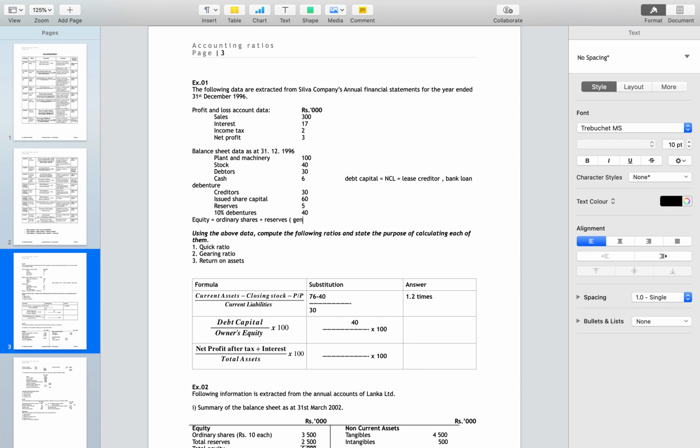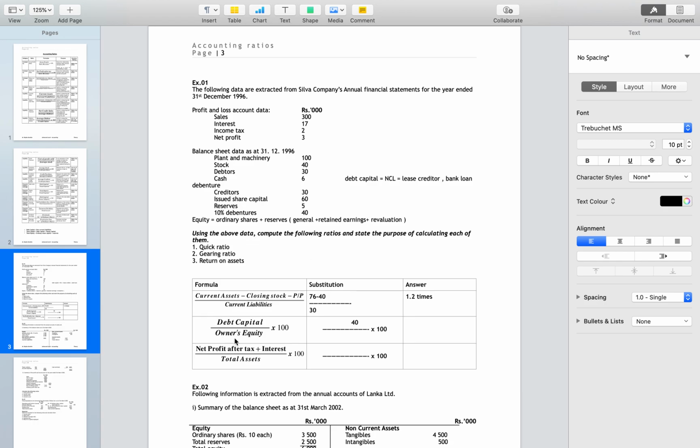That will be general reserve, retained earnings, and also revaluation reserve. So one more time, equity of a company in advanced level will only include ordinary shares and reserves. If I mean reserves, it means general reserve plus retained earnings and also the revaluation reserve, the reserves you study for your company accounts.